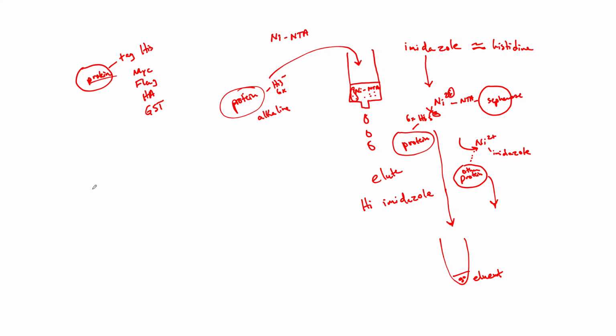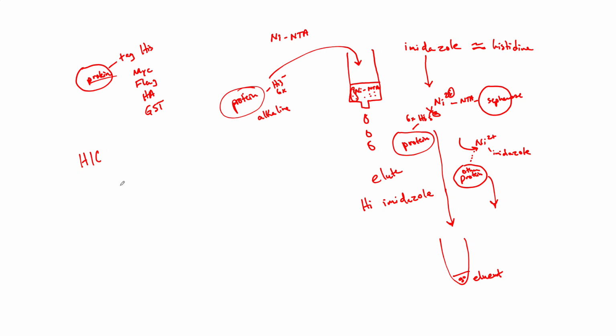There's another type of column that we're going to use to purify our protein in class, but it does not use the his tag. It's called HIC, or hydrophobic interaction chromatography. These HIC columns use the hydrophobicity of proteins to separate different proteins from each other.